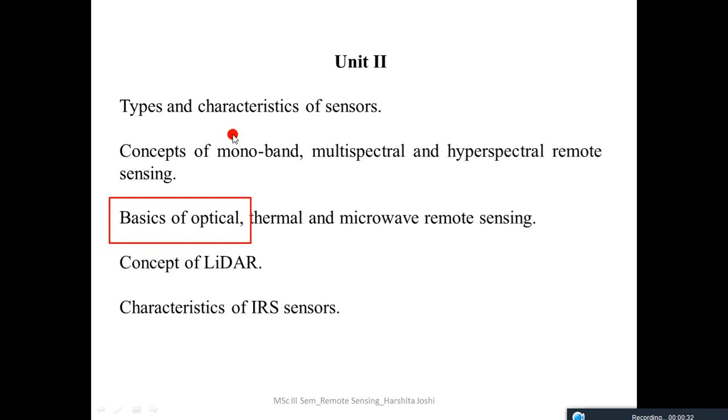Here also there are many things that can be told within just monoband, but because you are just here to understand the concepts, we have understood only that part. So, coming to the basics of optical, thermal and microwave remote sensing, today we will understand the basics of optical remote sensing.